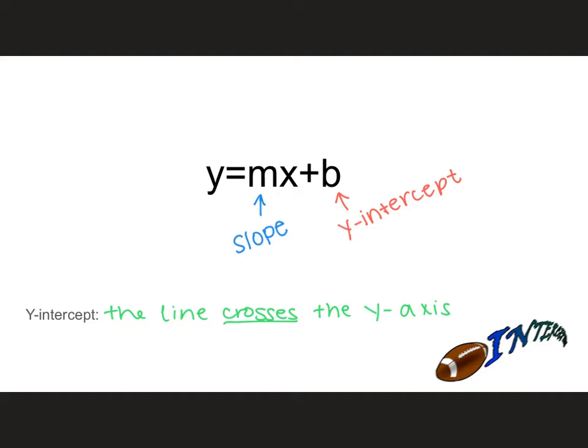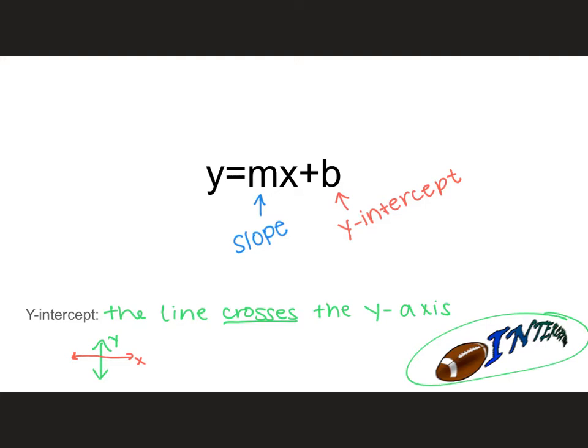And remember, the y-axis is this one, the vertical axis. And that's the x-axis on a coordinate plane. So it's where your graph or your line is going to cross or intercept, like football, interception. That means someone cut it off, it's crossing, it's touching, it's where it crosses the y-axis.